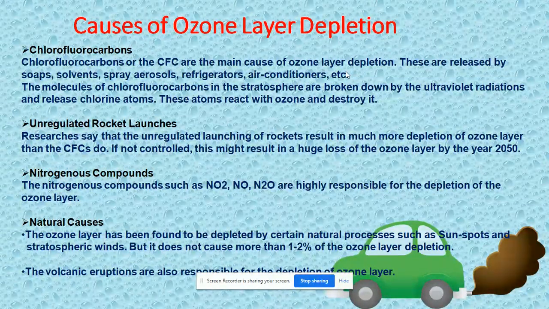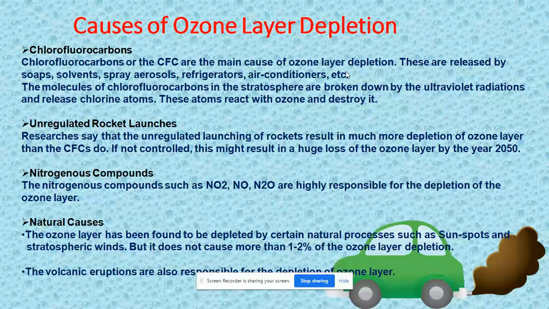Unregulated rocket launches. Researchers say that the unregulated launching of rockets results in much more depletion of the ozone layer than chlorofluorocarbons do. If not controlled, this might result in a huge loss of the ozone layer by the year 2050. Nitrogenous compounds such as NO2, NO, N2 are highly responsible for the depletion of the ozone layer.